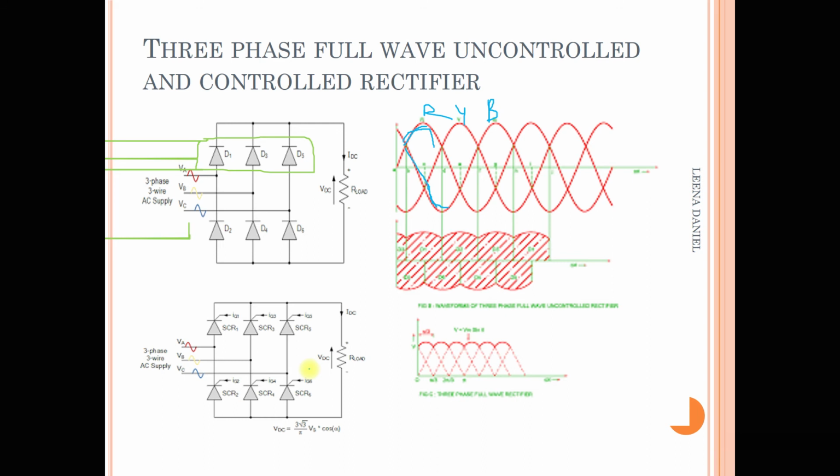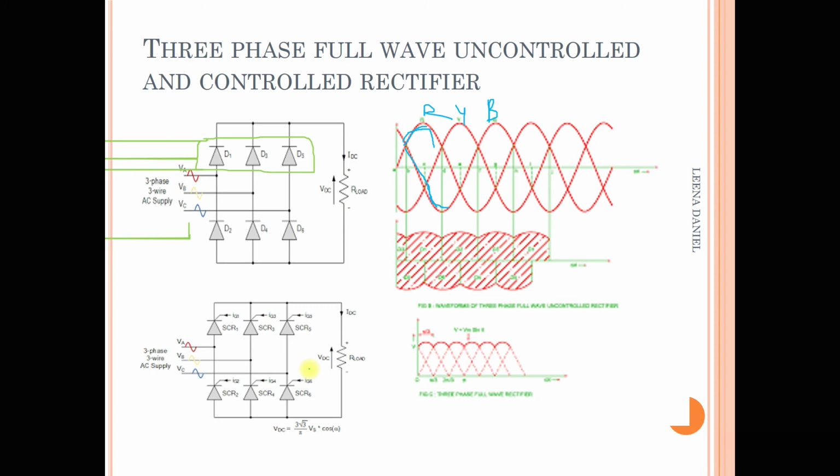In case of a thyristorized circuit we measure the firing angle after omega t equal to 30 degree, because the thyristor can conduct only after omega t equal to 30 degree. Before it, it is not at maximum positive.